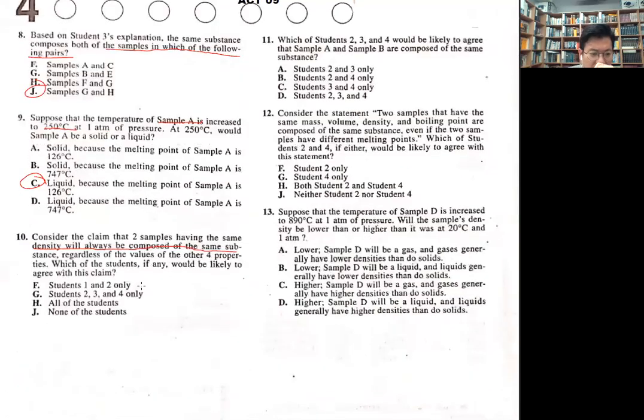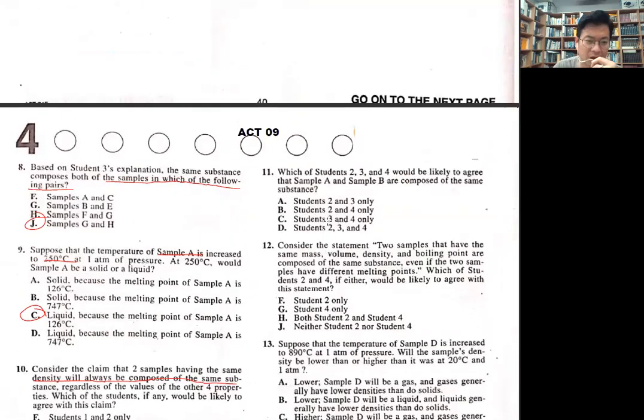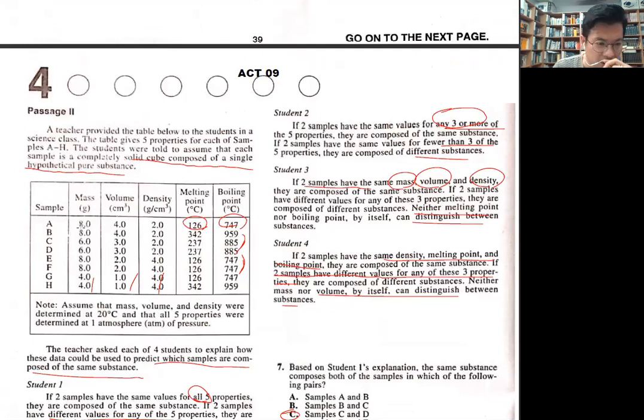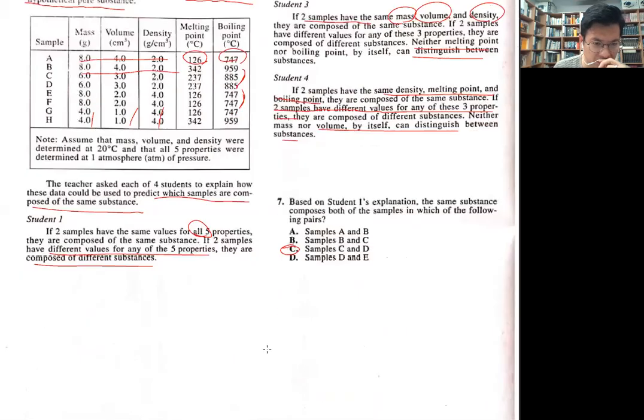So none of 2, 3, 4 would most likely agree. Sample A and B are composed of the same substance: they share 3 properties. So students 2 and 3, because mass, volume, and density are the same. Student 3 says melting point differs. So 2 and 3.